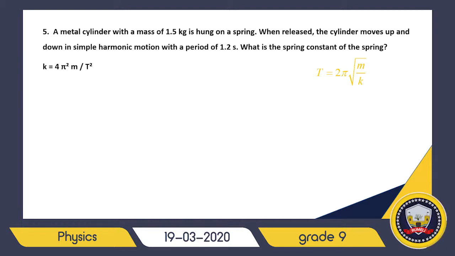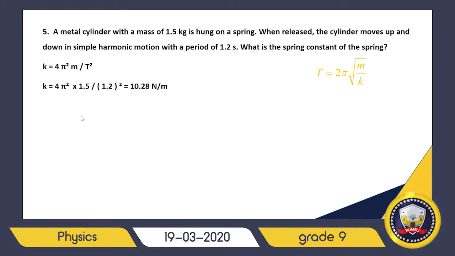So k becomes very easy: 4 pi power 2 m over T power 2. By direct substitution, 4 pi power 2 multiplied by 1.5, the mass, divided by 1.2 power 2, the period, equals 10.28 Newton per meter, the measuring unit of the spring constant.